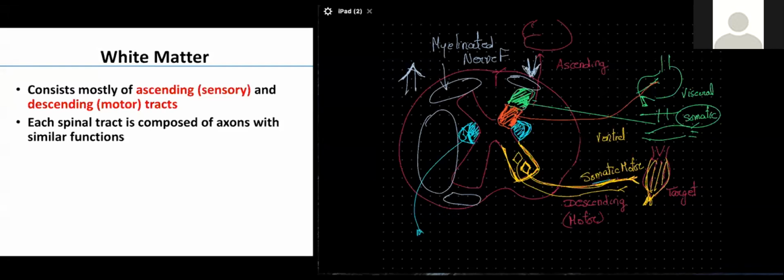So if I'm conducting signals up and down, those signals are going to be traveling through my white matter. If the signal is going to be getting in or out from the spinal cord, it's going to be getting in and out from the gray matter. This is where I have my nerve cells, the cell bodies of the nerve cells.